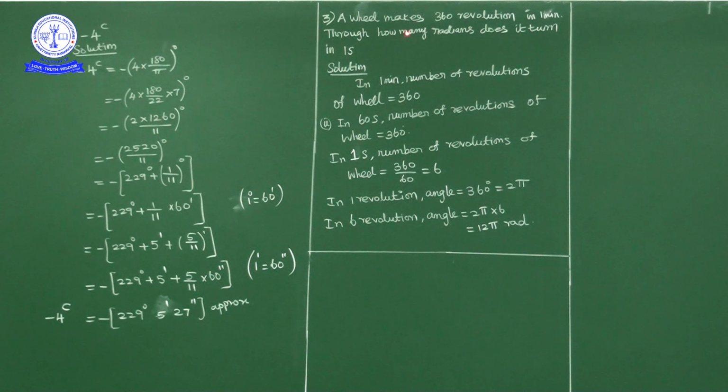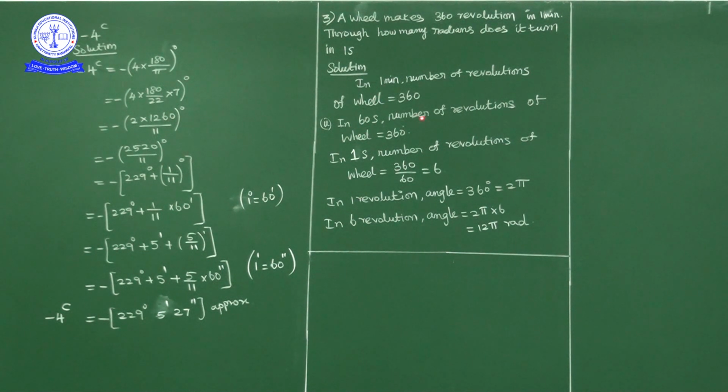Next question, question number 3. A wheel makes 360 revolutions in 1 minute. Through how many radians does it turn in 1 second? So in 1 minute, 360 revolutions. 1 minute in terms of seconds is 60 seconds.